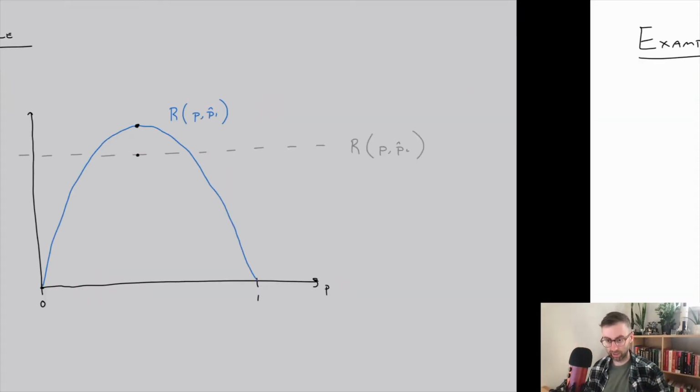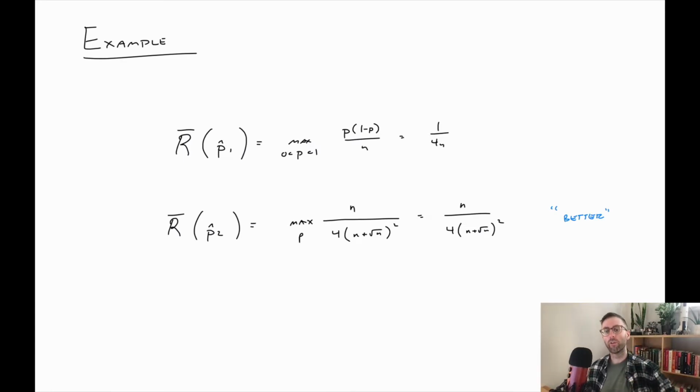In some sense, we like that. We can do this calculation, and it turns out that the maximum risk is smaller for the posterior mean. So you could say, okay, that's the better estimator.